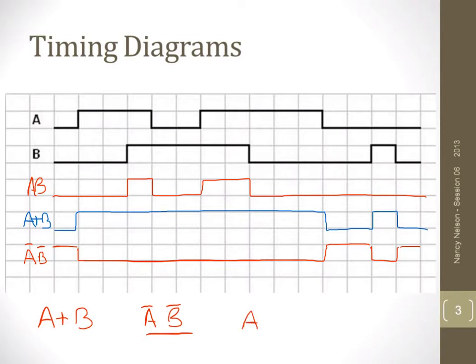We can see that we have A naught, B naught. We're going to change the gate, invert the inputs, and invert the whole thing. Then we eliminate any double bars, so we now have A or B inverted, which explains why these two waveforms look to be the inverse. We have an OR gate here and a NOR gate here.